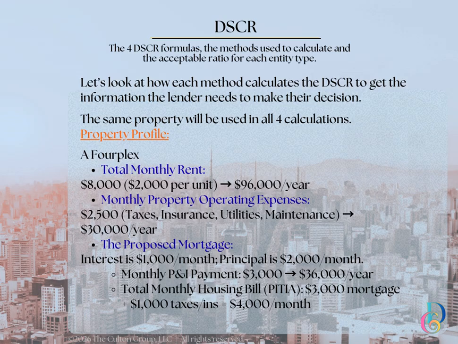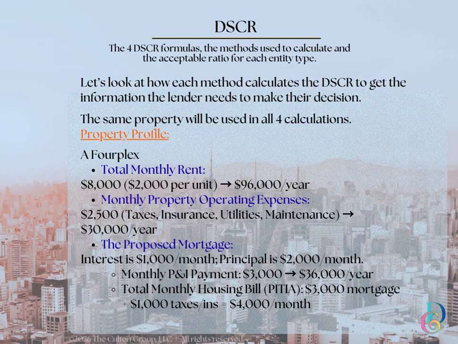Total monthly housing bill, the PITIA: $3,000 mortgage, taxes and insurance, $4,000 a month. Okay, so we're adding the mortgage plus the taxes and insurance to get the 4.